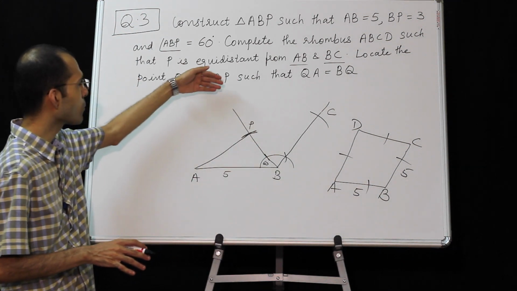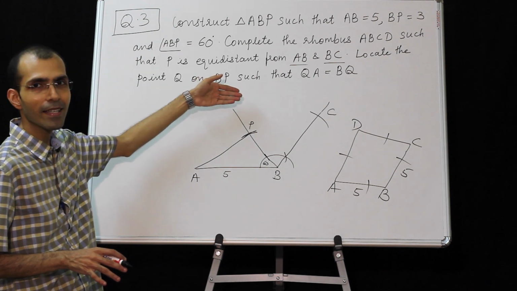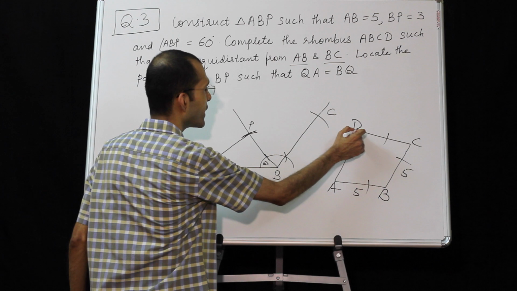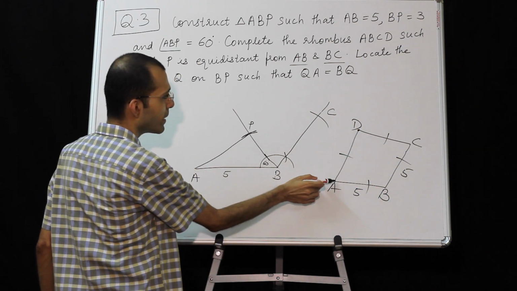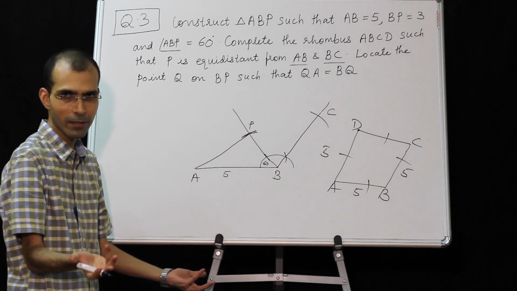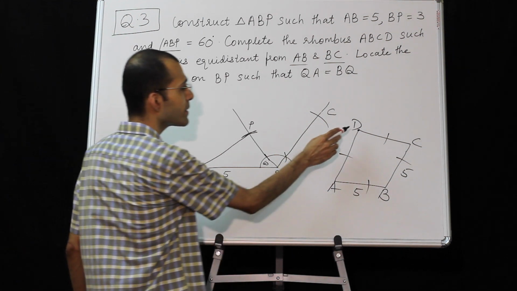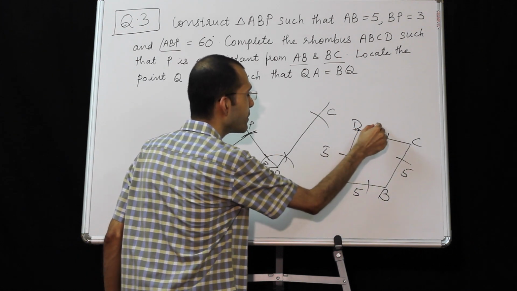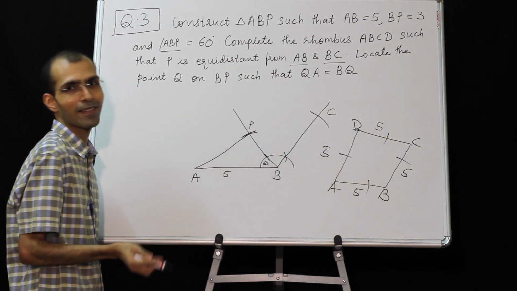So we just have to locate our point D. But how to locate point D? This point D will be 5 centimeter from A. Do you agree? All 4 sides of a rhombus are equal. The same point D will also be 5 centimeter from C.